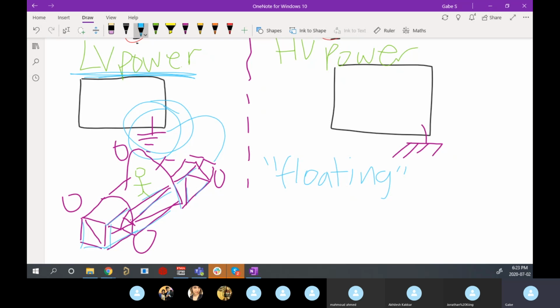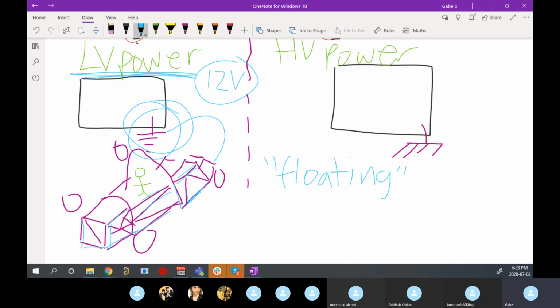Low voltage power in most cars usually has a highest bus voltage of about 12 volts, because of your 12-volt car battery. That's true in electric vehicles as well. You also have that low voltage battery, with a low voltage ground connected to your chassis.